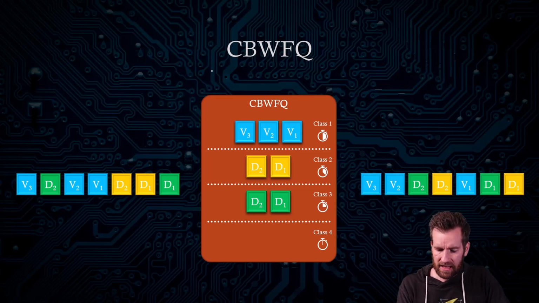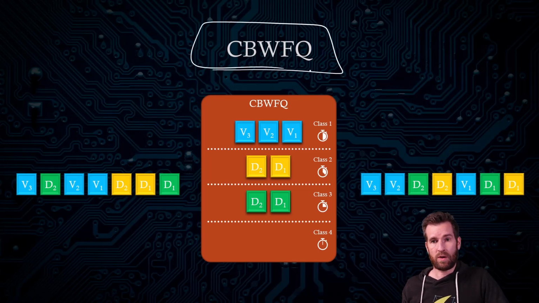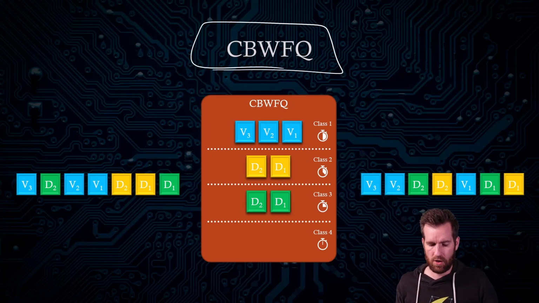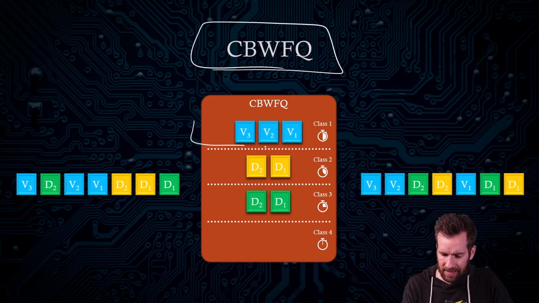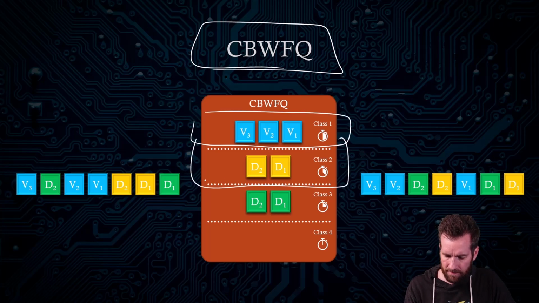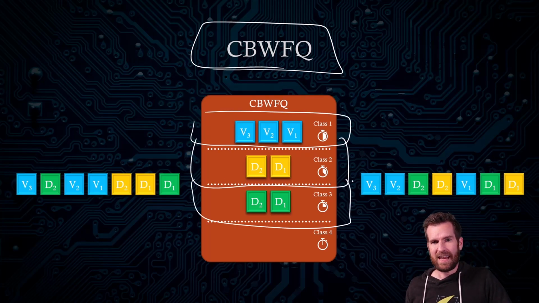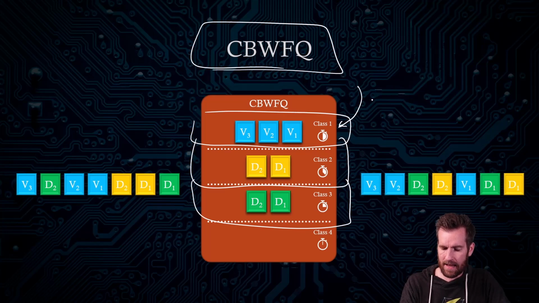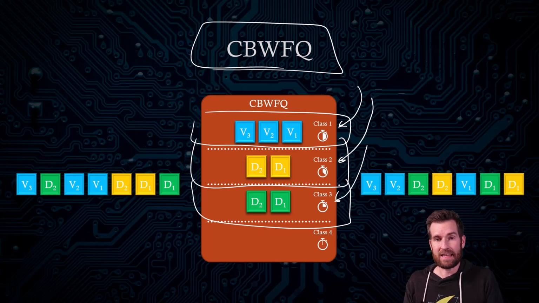Then we have class-based weighted fair queuing. Class-based weighted fair queuing is very similar to weighted fair queuing. And so we have different classes that we've identified for this different traffic. Now the difference with this class-based weighted fair queuing is we can actually set up different bandwidth or different levels that each one of these is going to operate at.